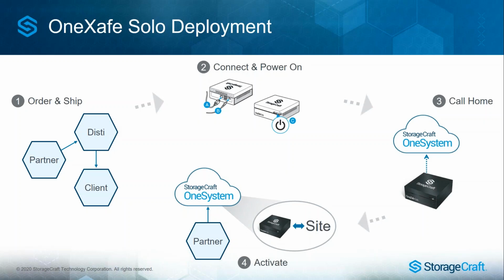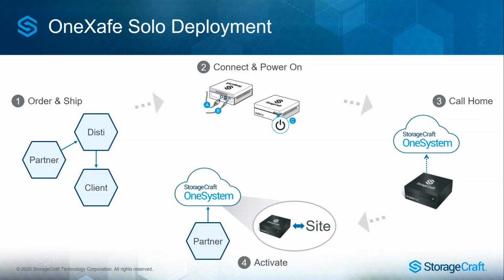And then finally, looking at this thing, you will see that ease of deployment is key to this solution, where a partner or customer can request and purchase the solution. All it needs is to be plugged into power and the network and powered on, and then it will just show up as part of the administrative experience when they go to one system.